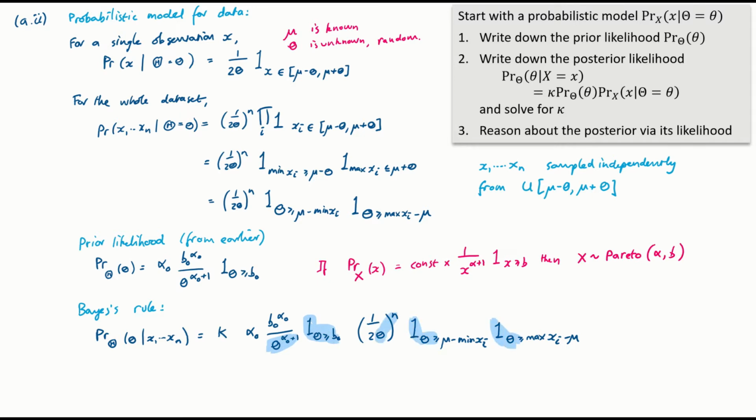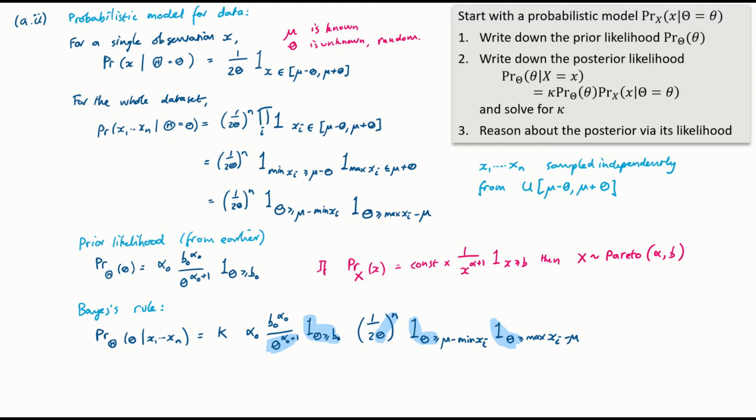Let's rewrite the prior likelihood in a generic form and draw the analogy with the equation we've got here. If x is a Pareto random variable, then the likelihood for x at value little x is constant times 1 on x to the power of alpha plus 1 times the indicator that x is larger than or equal to b. This is just the general nature of the Pareto density. It's what we've written on the left-hand side, but just in different notation.